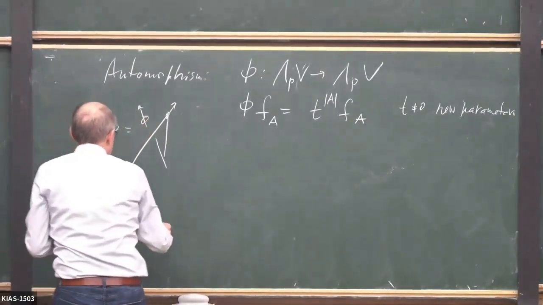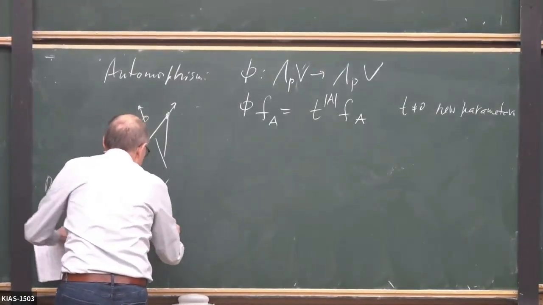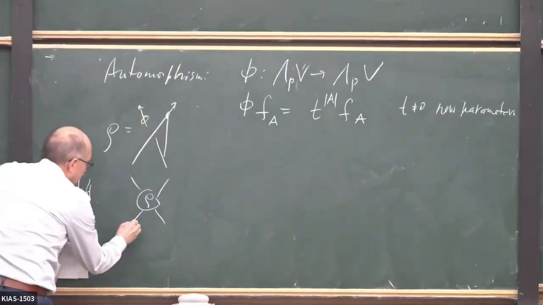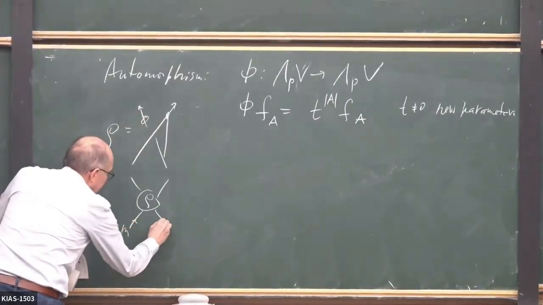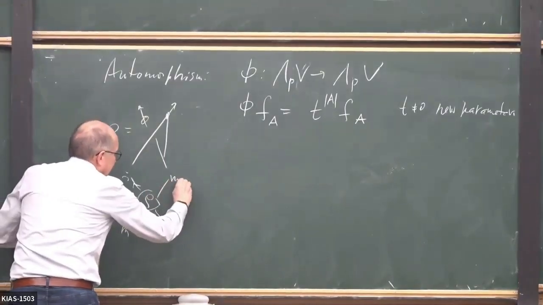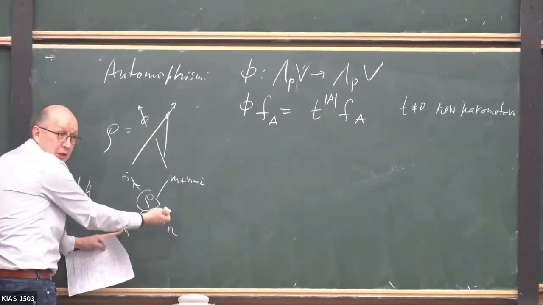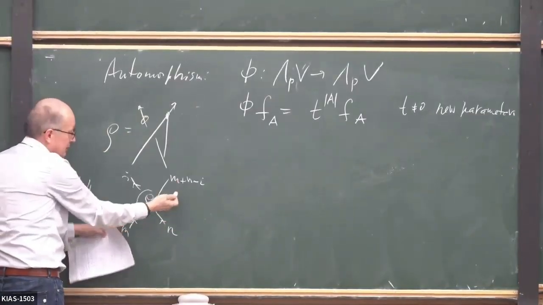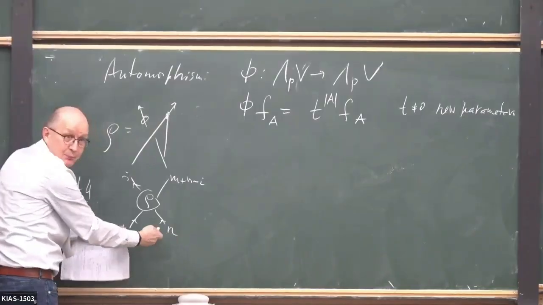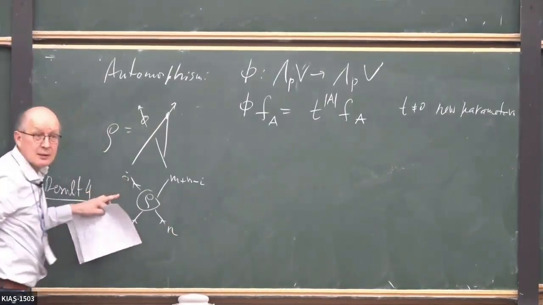And now result 4 is a formula for rho. But now we use again the MOY calculus, so we put m here, n here, I here, and m plus n minus I. Now you see it doesn't preserve the degree along the strands, but it preserves only the sum, so m plus n equals I plus this.